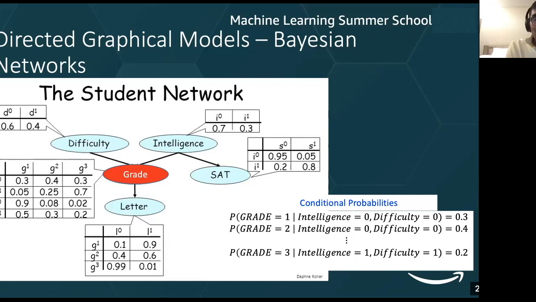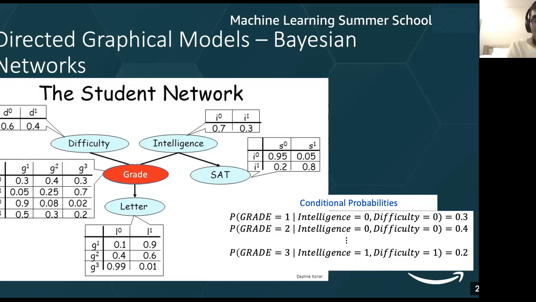And that is essentially what is shown in the table next to the grade node. So again, to take an intuitive example, if you can read off this table, what you would likely infer is the probability of the grade being poor, which is G1, given that the student is not intelligent as well as the test is not difficult. In this case, it happens to be 0.3. Right.